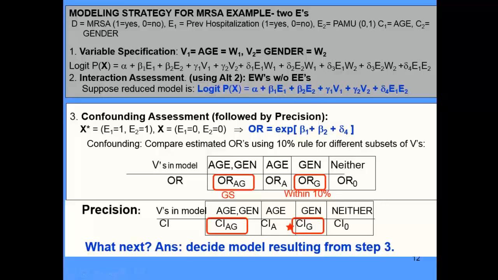So in order to assess, if I'm using the second strategy, you have to decide which strategy you want. If I'm using the second strategy, I'm now computing this as my odds ratio, but I'm still considering all the possible subsets of covariates to use. Should I have them both in there, just one in there, or neither of them in there? And I get 4 different odds ratios. They may not be the same 4 odds ratios I did when I dealt with alternative 1.